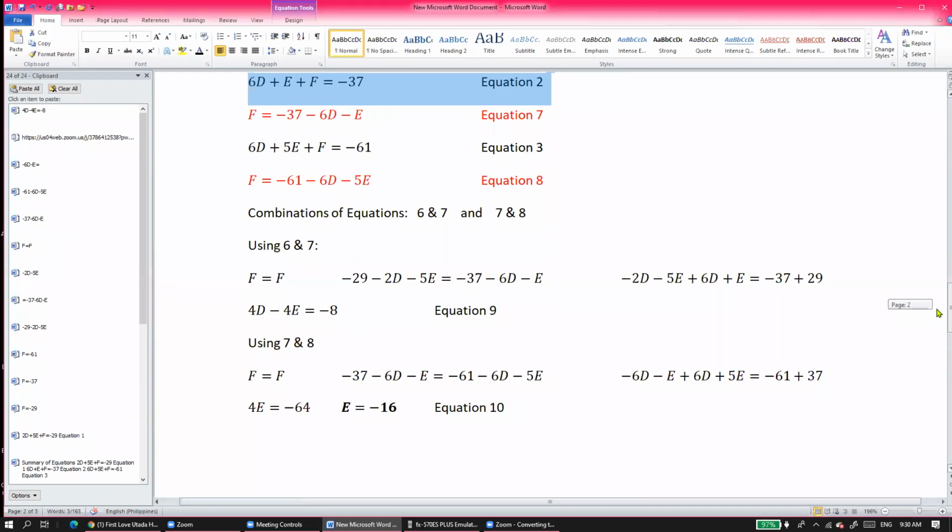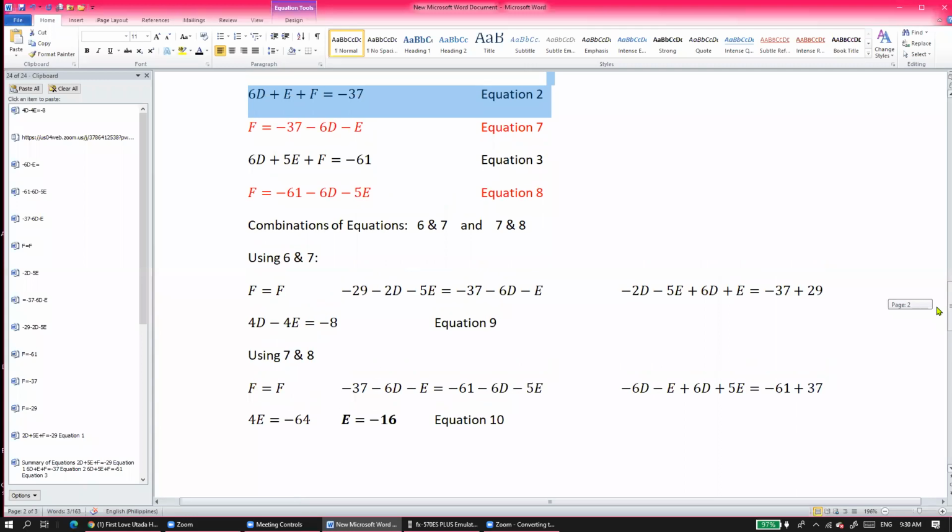The next, let us see. Using 7 and 8. So, inequate natin ang equation 7. Tama naman ang pagkaka-copy-paste. This one also. Negative 6D minus E plus 6D plus 5E, which is correct naman. 61 and 37.